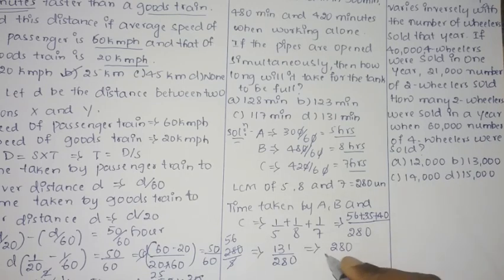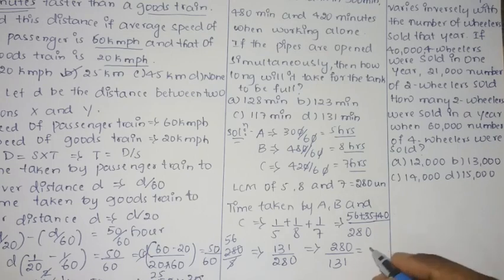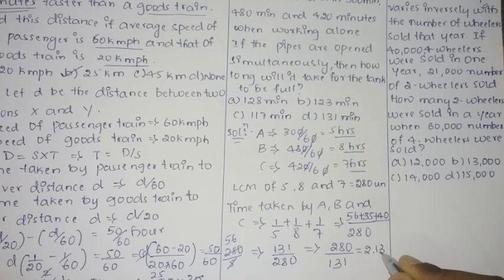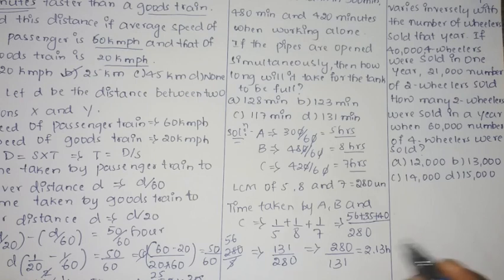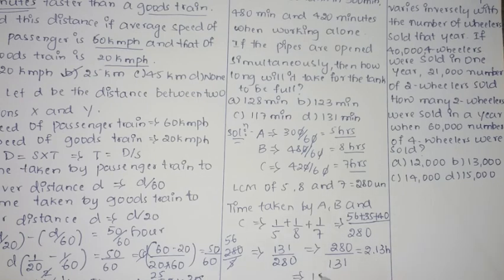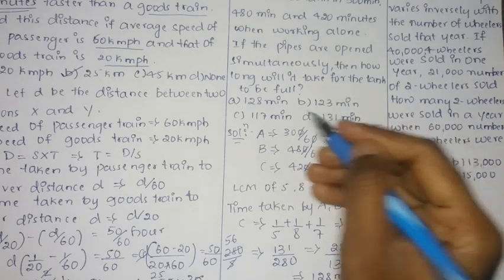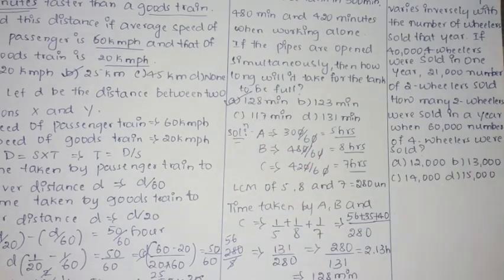So it will be 280 divided by 131, which is 2.13 hours, but you need it in minutes because the question is given in terms of minutes. So it will be 128 minutes. From the options, option A, 128 minutes, is the correct answer for this question.